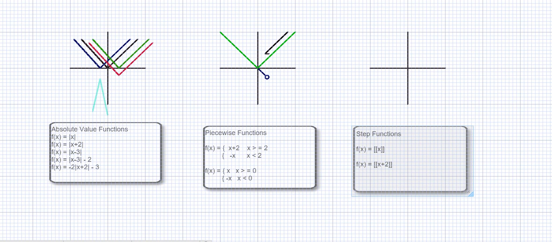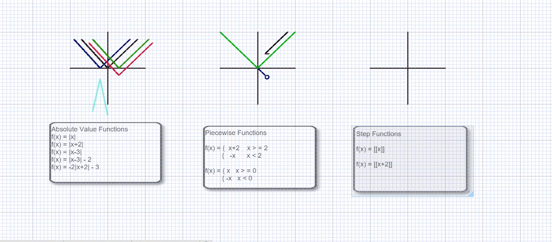Well, if you said 2, that is correct because 2 is the largest integer less than or equal to 2.7. If I said greatest integer less than or equal to 2.3, the answer would again be 2. So for values of 2.7 for x or 2.3 for x, I still get out a y value of 2. That's important to know.